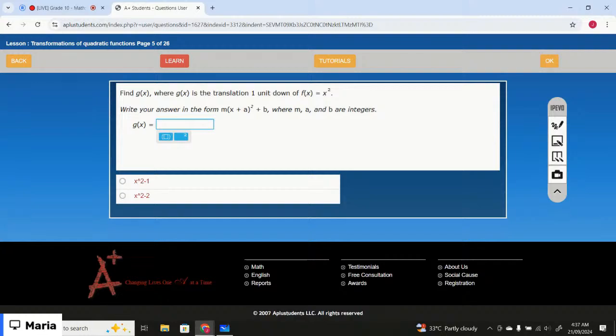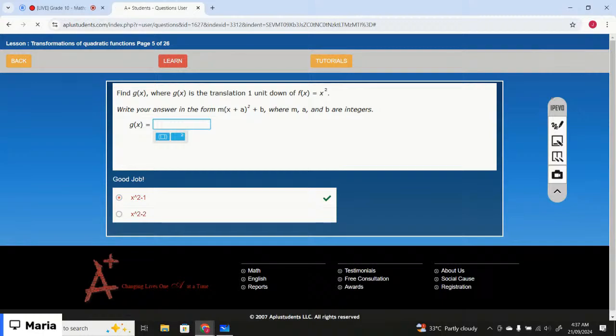The correct option is the one that is a translation 1 unit down. So option number 1 is the correct option. X squared minus 1 is the correct option.